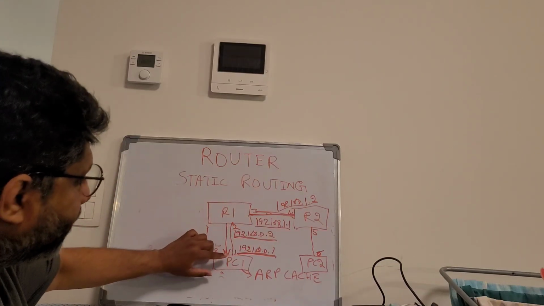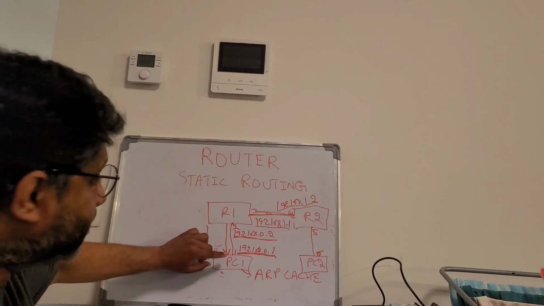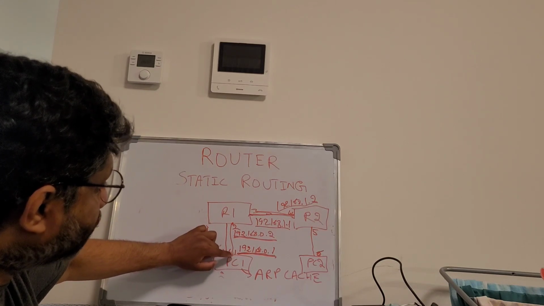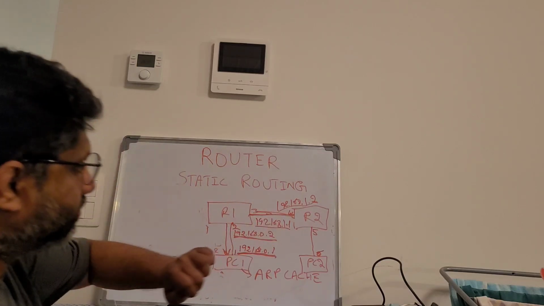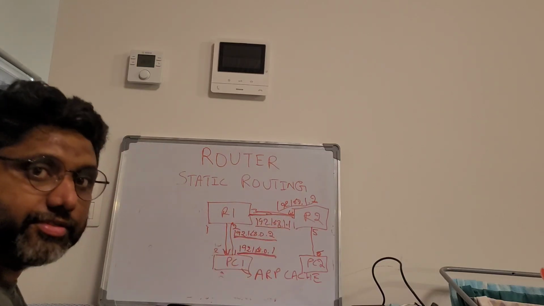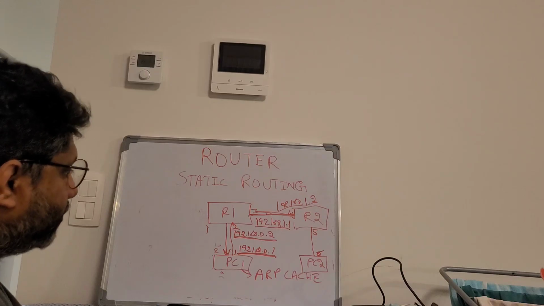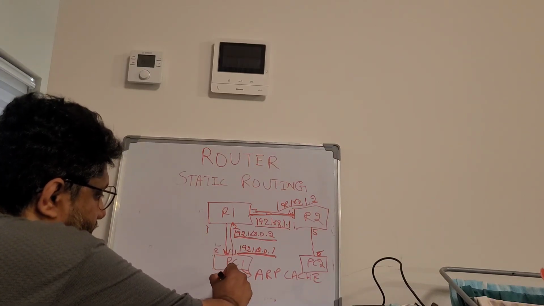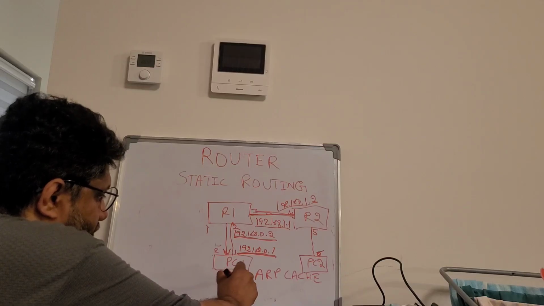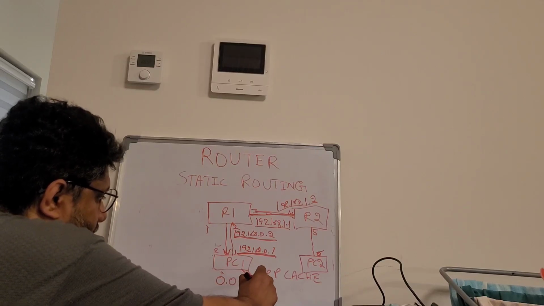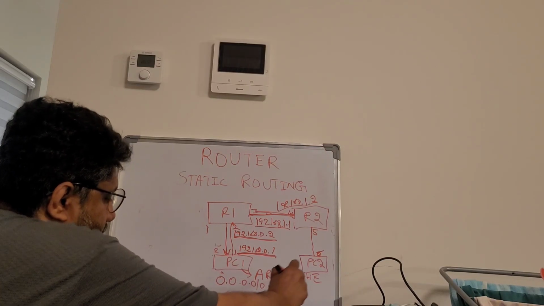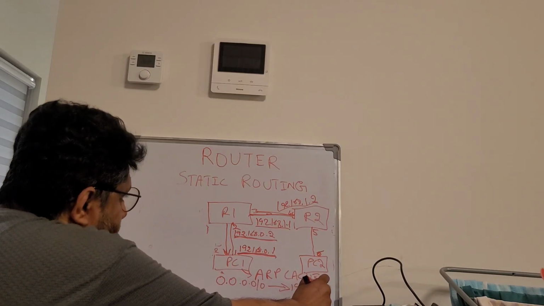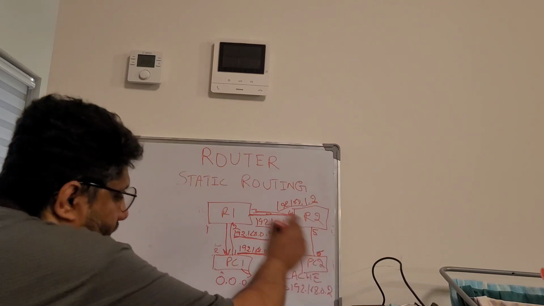Now static routing comes in. How to reach from interface 1 to interface 4, because they are in different subnets, right? For that we need to add a default route in PC1, which is 0.0.0.0/0 pointing to 192.168.0.2.